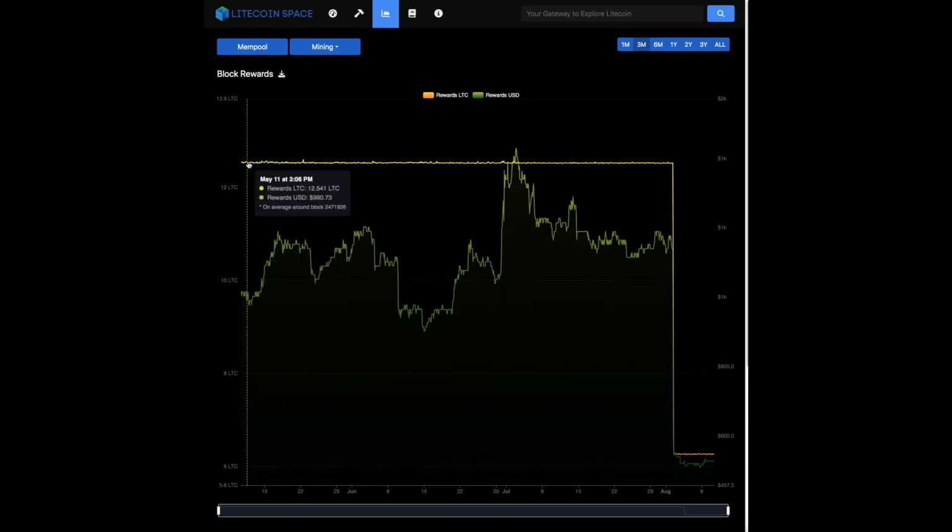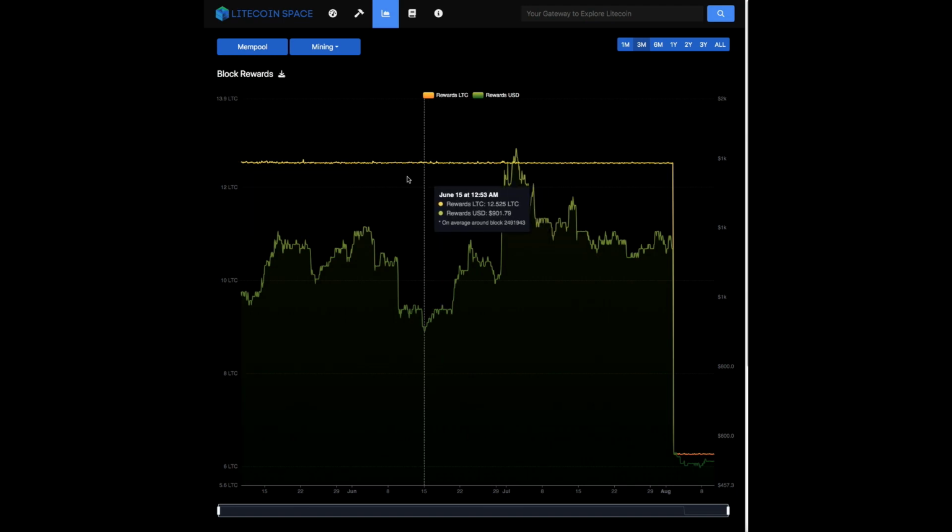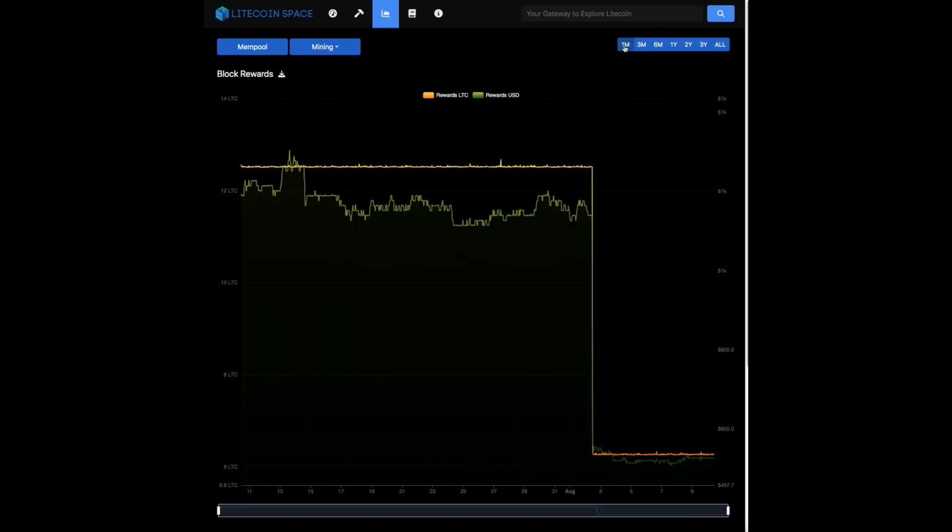It's just the yellow one. That's the block rewards, and then the green is the price, the equivalent price of it, with the current price of Litecoin now. Okay, so if we just do 1 month, you can see now in the beginning the equivalency of the rewards to the miners were above, and then it dropped significantly here.